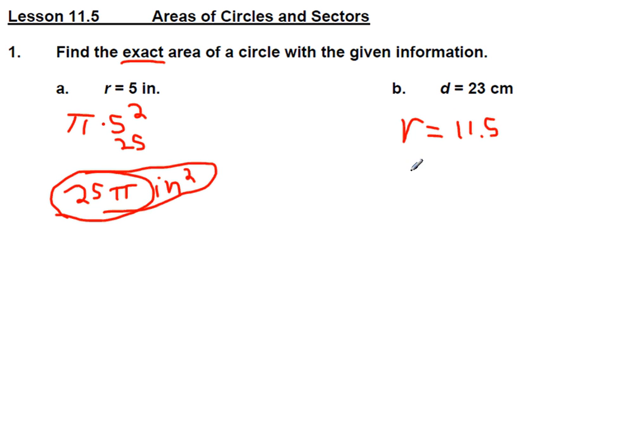Back here to part B. The radius is 11.5, so pi times 11.5 squared. Okay, go ahead and type that part into the calculator. 11.5 squared is 132.25, and I'm not rounding. That's exactly what 11.5 squared equals. So our unrounded area is 132.25 pi square centimeters.